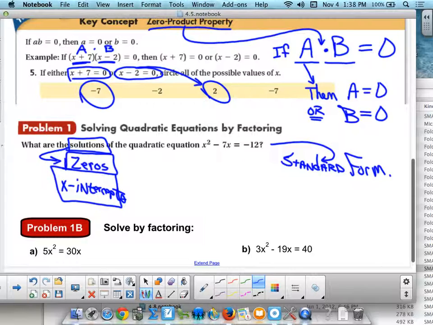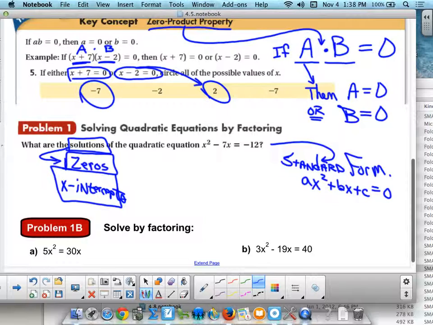A X plus B Y equals C. X squared. This was section 2. We did section 2 about a week ago. Just get x squared, x, and the constant on one side. What on the other side? 0. Okay, so let's do that.